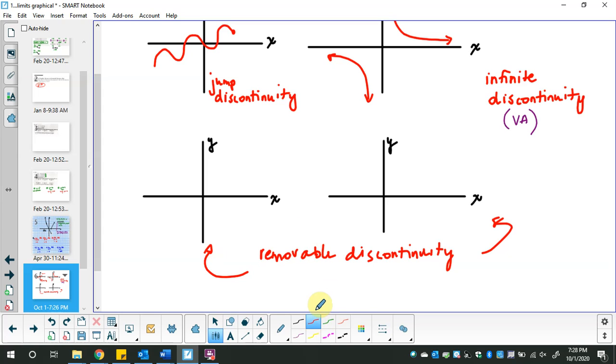And a removable discontinuity does one of two things. It travels along, travels along, travels along, has an empty circle somewhere, and then keeps going. So it's got a hole.